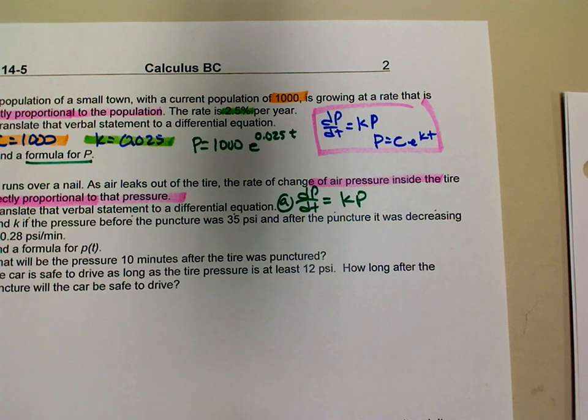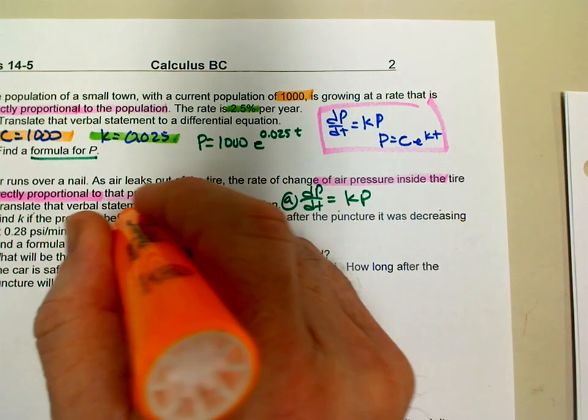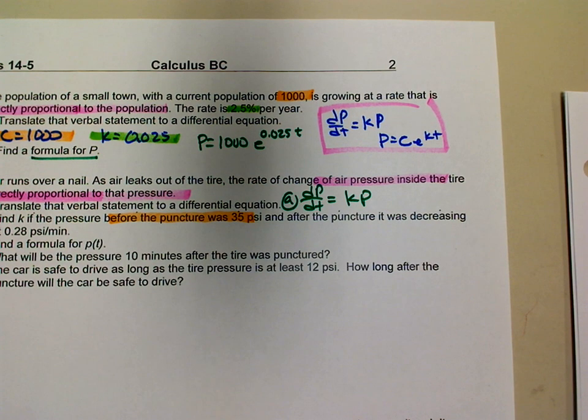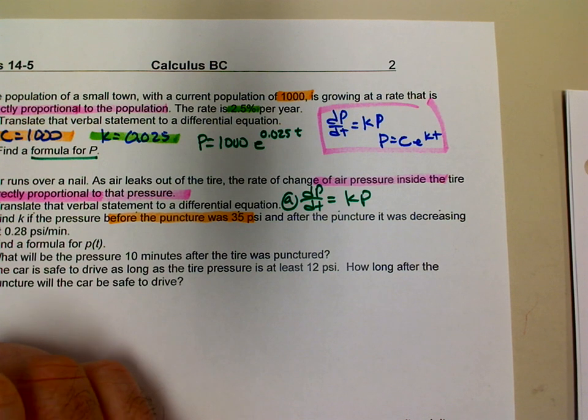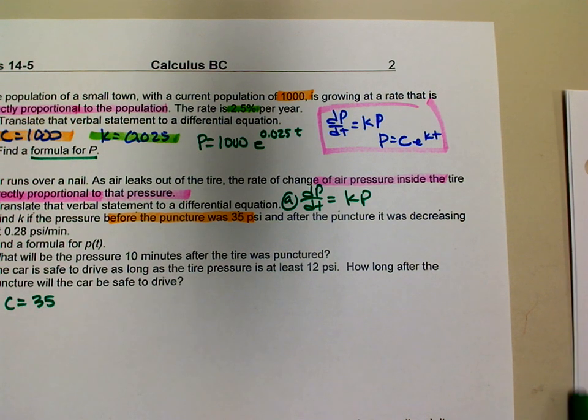Okay, so you can see from this, before the puncture we had 35 pounds of pressure. That's telling us that C equals 35. Next, it says that we are decreasing at this rate of 0.28 psi per minute.